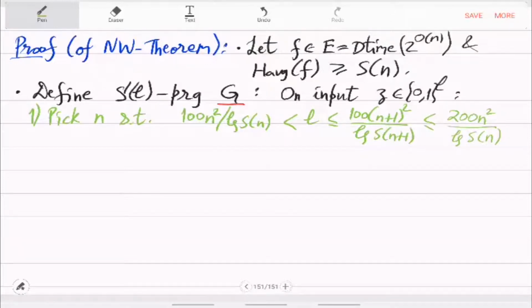So L is basically, you can think of it as n square, it's quadratically related. Now there is an L and D design, use that.